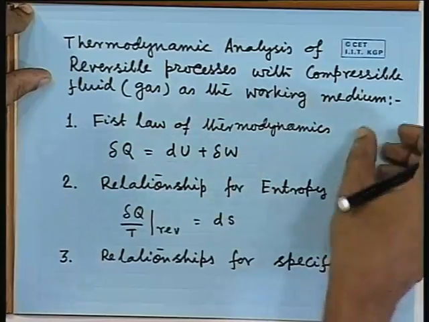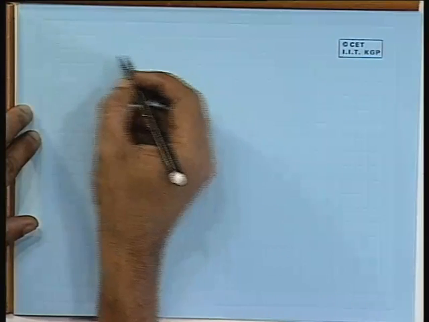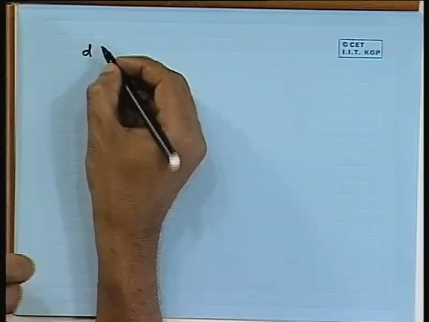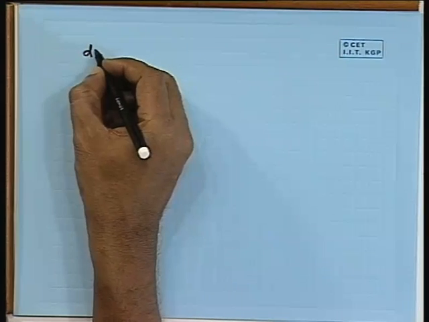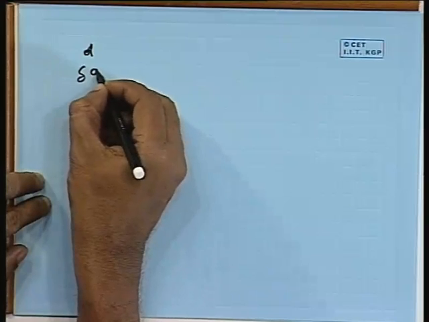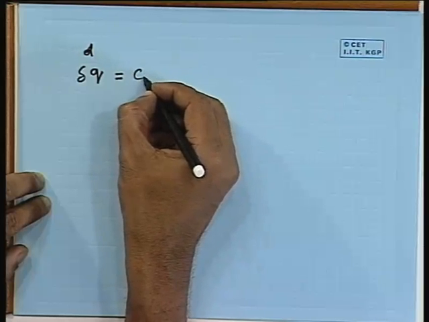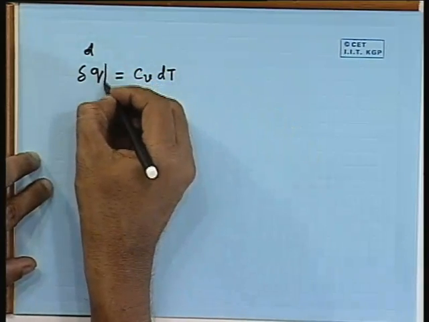This also we will use, and these relationships are, how can we express the relationship of specific heat? dq, let us say this dq is equal to Cv dT for constant volume process.